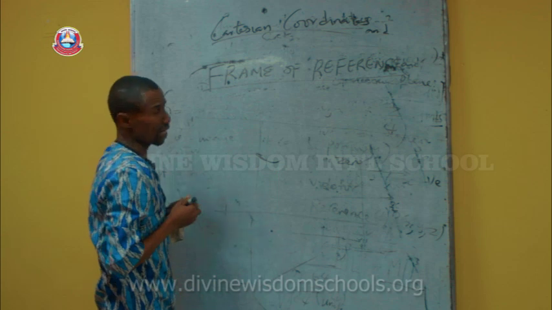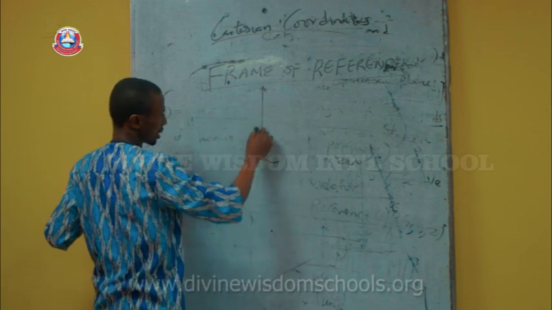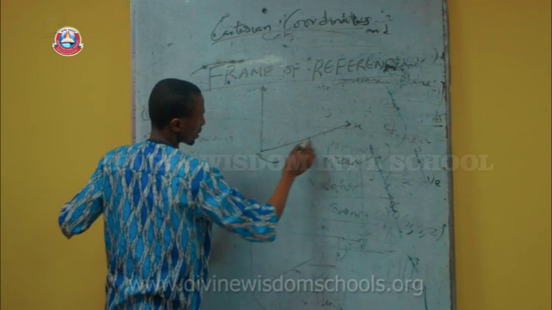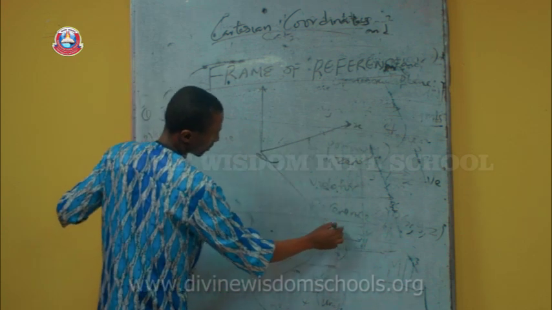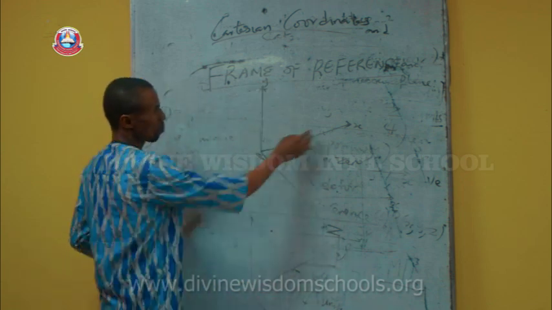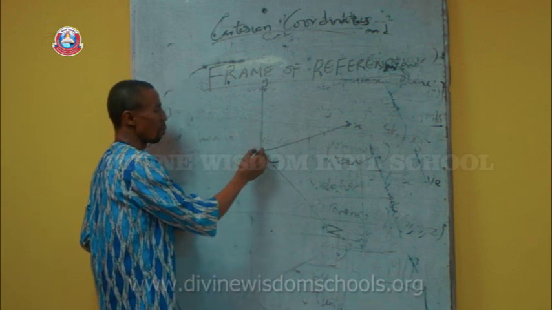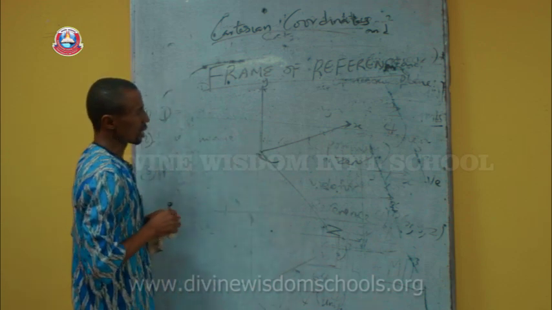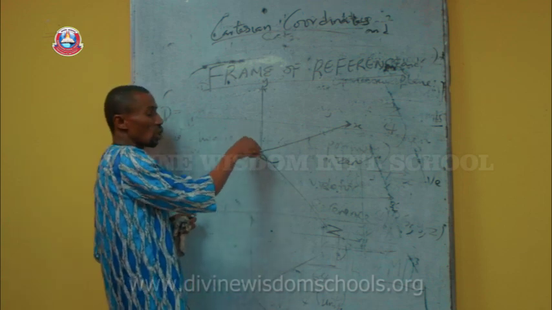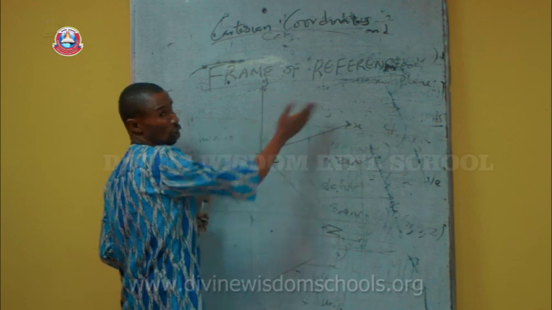Now, for the frame of reference, we normally use the three axes. We have the X, then we have the Y and the Z. So now, these 3 axes, Y, X, and Z, have a common origin, which is termed as the position or the location where we have the place of rest.